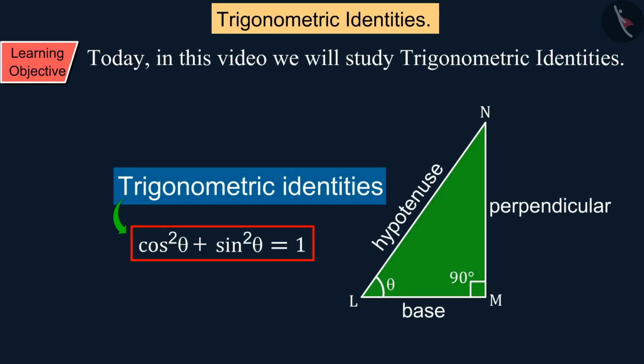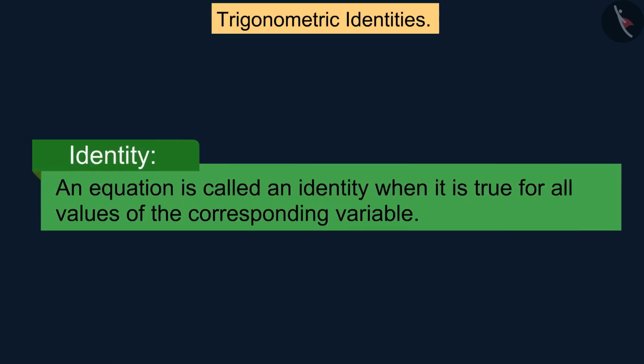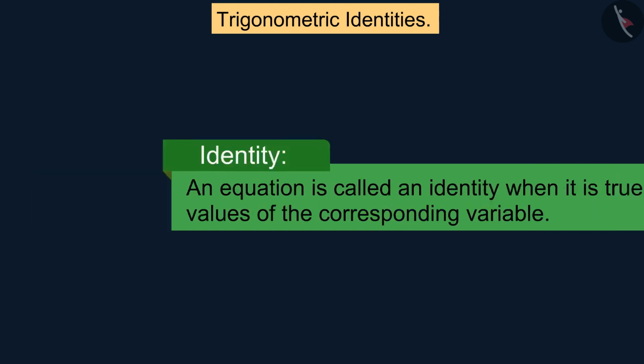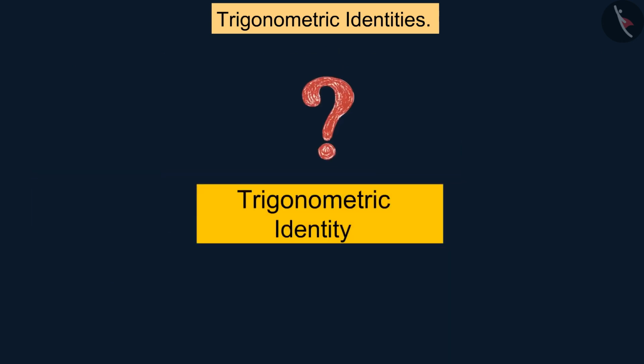Today, in this video, we will study trigonometric identities. We know that an equation is called an identity when it is true for all values of the corresponding variable. But can you tell what is a trigonometric identity?